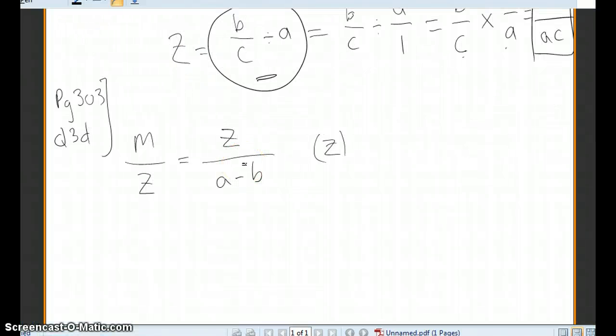Okay, in this equation I'm going to make z the subject. You'll note that z is on both sides of the equation, and I really want to be able to cancel one of those z's, so I end up with z on just one side of the equation.